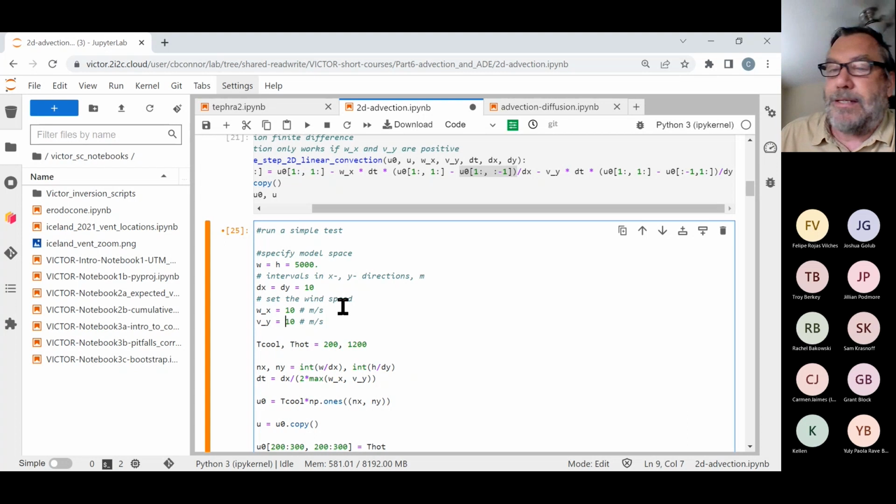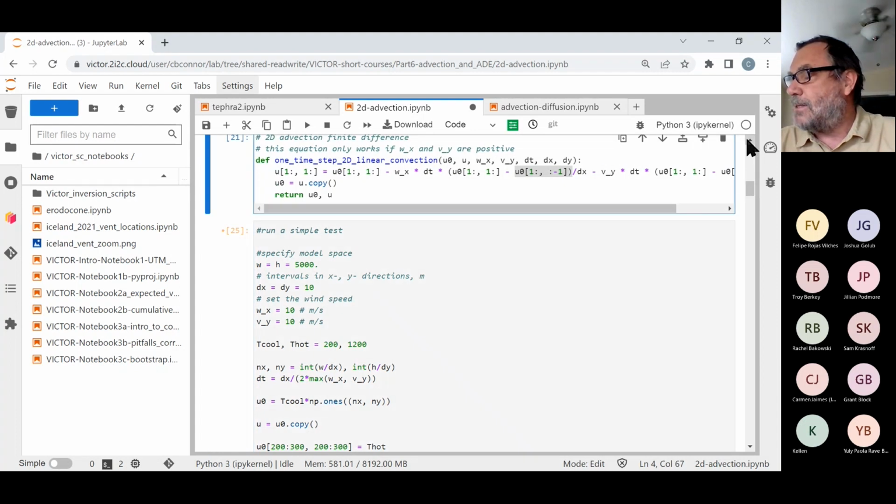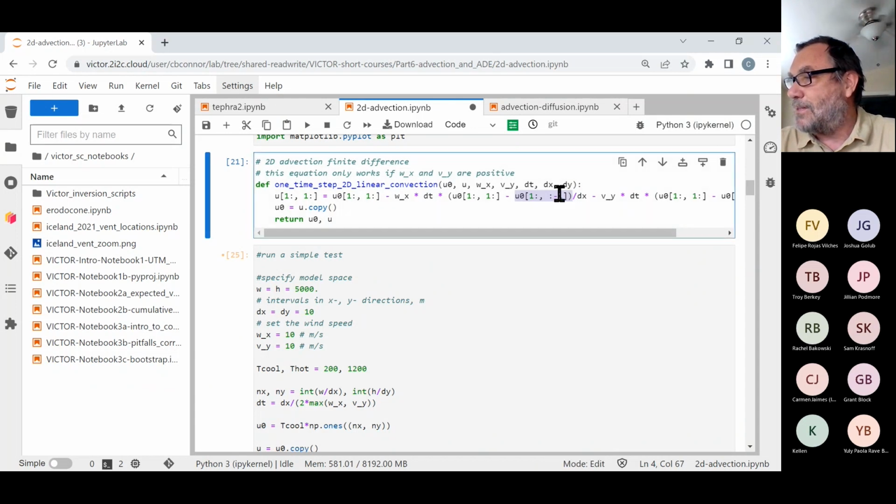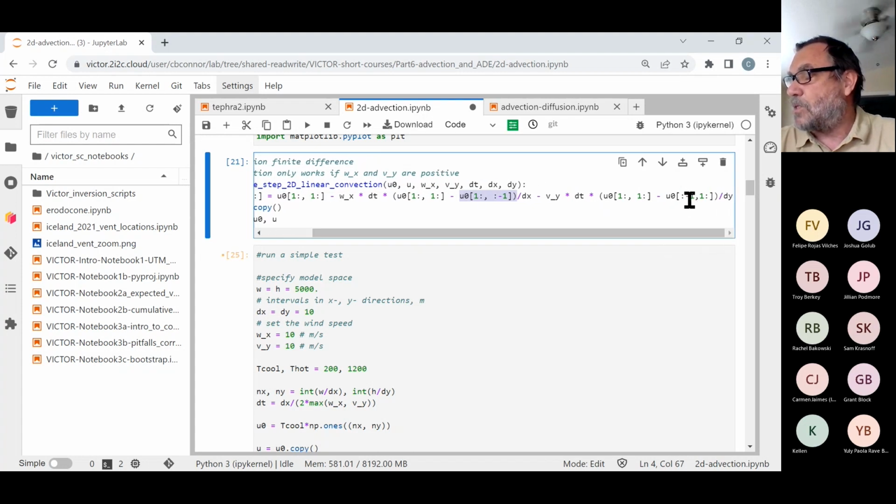Okay, the reason for that is you can think of the equation, the way I've written it, as representing only what's upwind of you, in the negative x direction or the negative y direction, right? So I've used these index references, minus 1 and minus 1, to indicate that things are moving from low values of x to high values of x, or low values of y to high values of y.